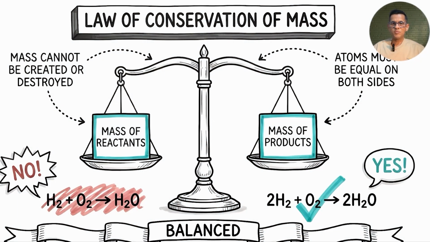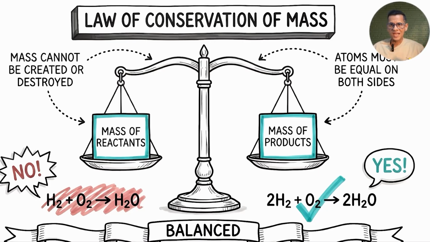Now, the last step of writing a chemical equation is to balance the chemical equation. First of all, let's understand why we need to balance a chemical equation. Last year, you must have learned something called the law of conservation of mass. As per the law of conservation of mass, we know that mass can neither be created nor destroyed in a chemical reaction, which also means atoms can neither be created nor destroyed.